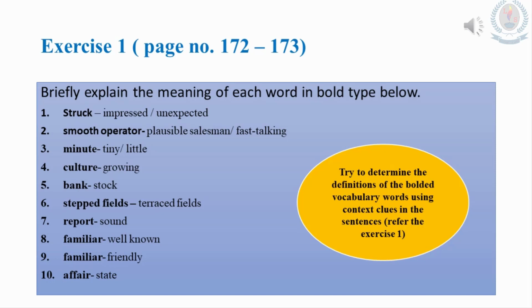Companies which have a large land bank will benefit very much from the sharp increase in the price of land and will be able to develop large estates. Here we can understand that for companies which have a large land bank, bank means stock. Companies which have a large land stock will benefit very much.